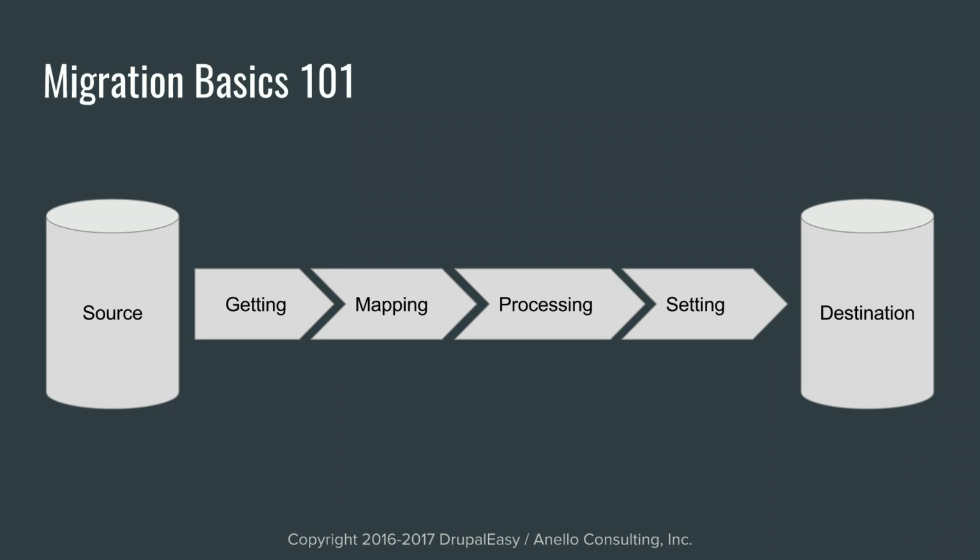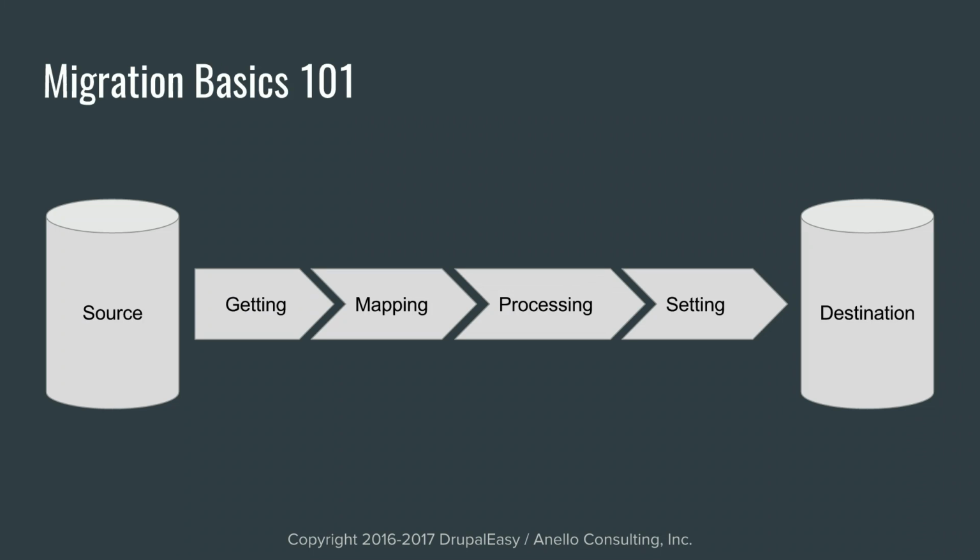So think of this as your data store, your Drupal 8 data store, and the process is the code that's actually running it. So if we start at the endpoints, you're going to have some code that knows how to get stuff out of the source, right? So you have to have some mechanism that knows how to talk to a database, or knows how to parse an XML file, or knows how to parse a CSV file.